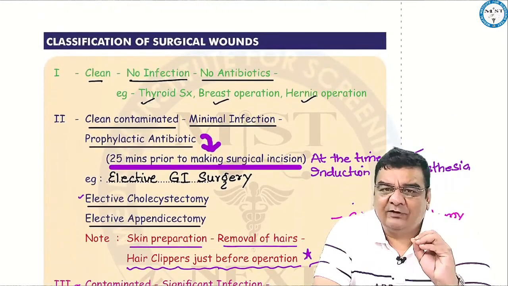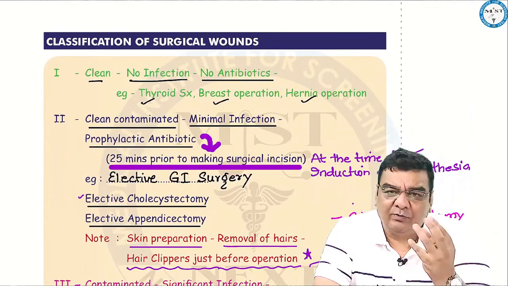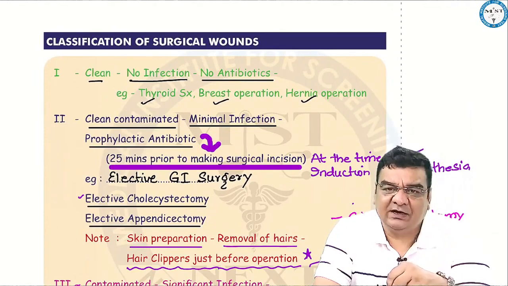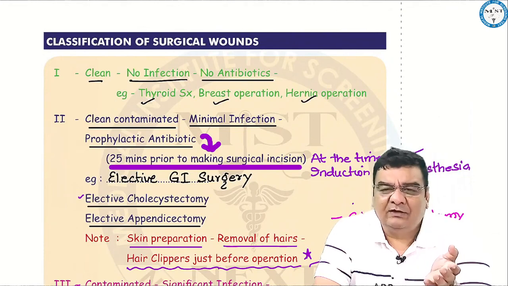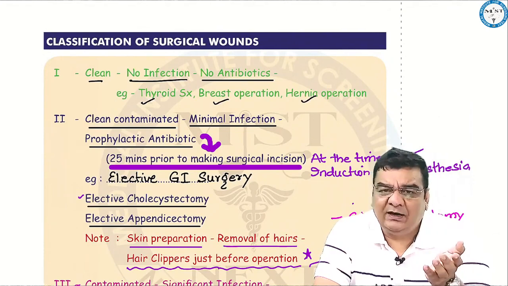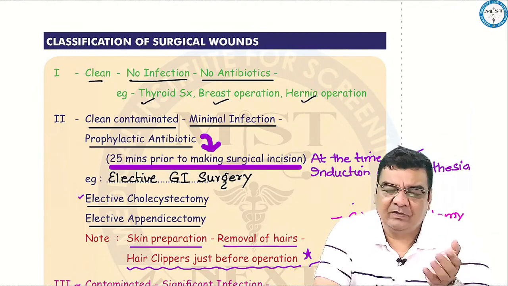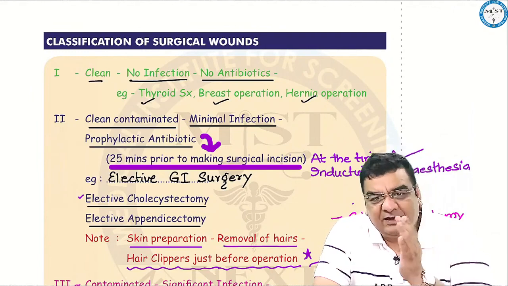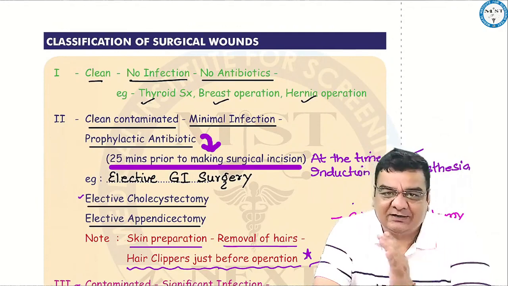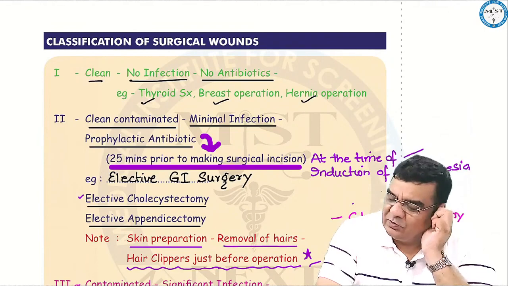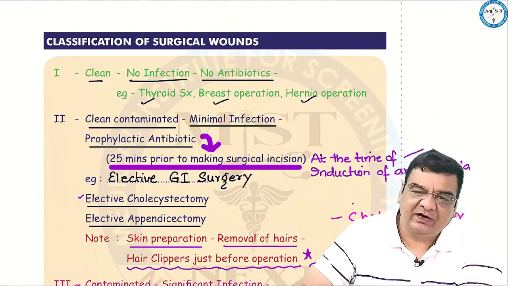Surgeries like hernia, thyroid, and breast, generally there are no microorganisms inside in these areas, so the chances of postoperative infections are minimal. We don't need any antibiotics in these category of surgeries, that is clean surgeries. While clean, contaminated, and contaminated, that is class 2 and class 3, if we focus on GIT, we know that there are a huge number of bacteria in our GIT.